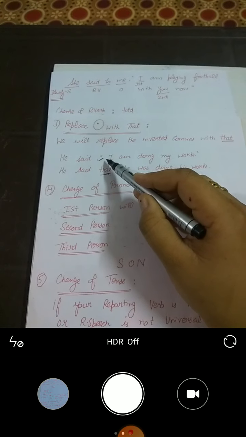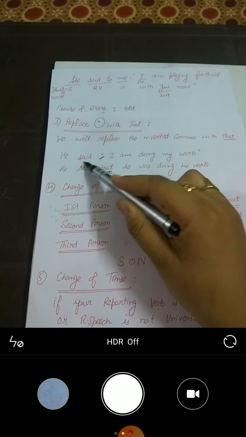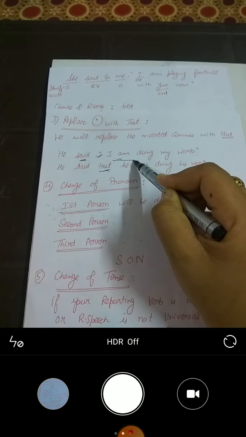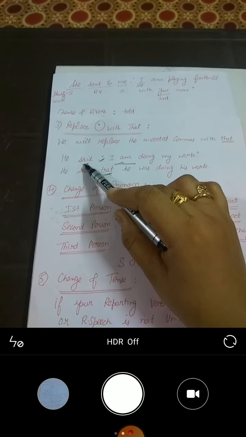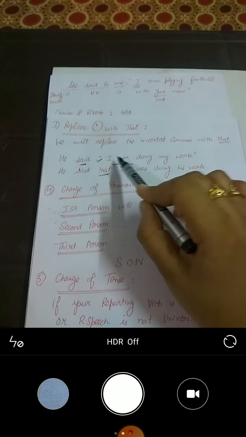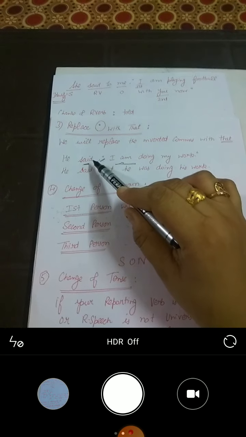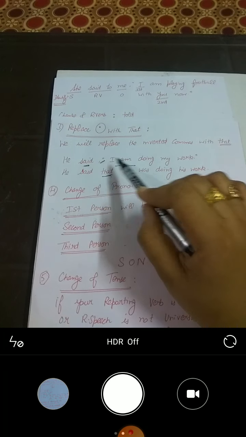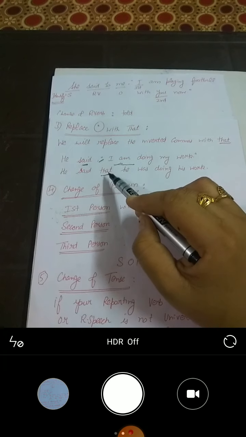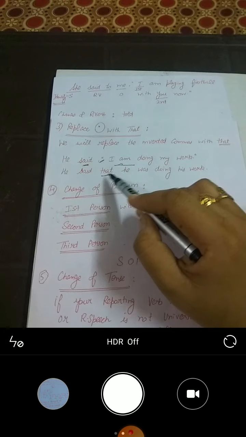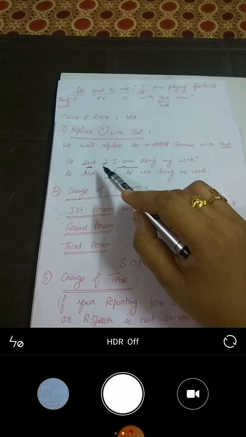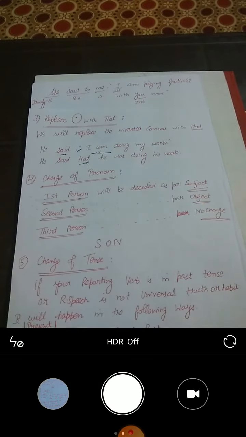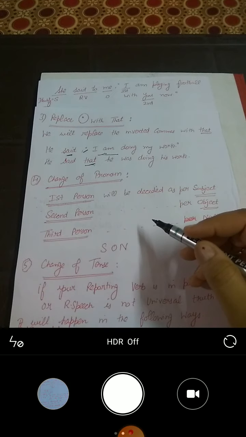If we remove the inverted commas, in order to connect the reporting verb and the reported speech, we use "that". You know very well that this is your reporting verb and this entire part is your reported speech. So in order to connect them, we have to use "that", and when we use it, we remove these commas. So this is about replacing the inverted commas with "that".